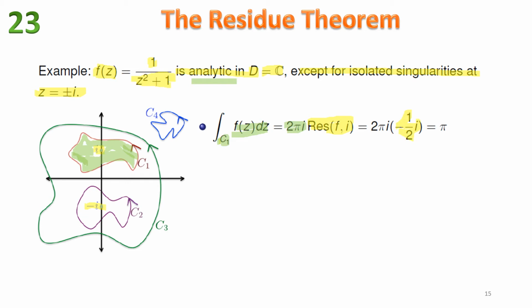So here you can clearly see that this 2 is cancelled, and i into i will be i squared, that is minus 1. Minus 1 into this minus will be plus, so we are left with pi.